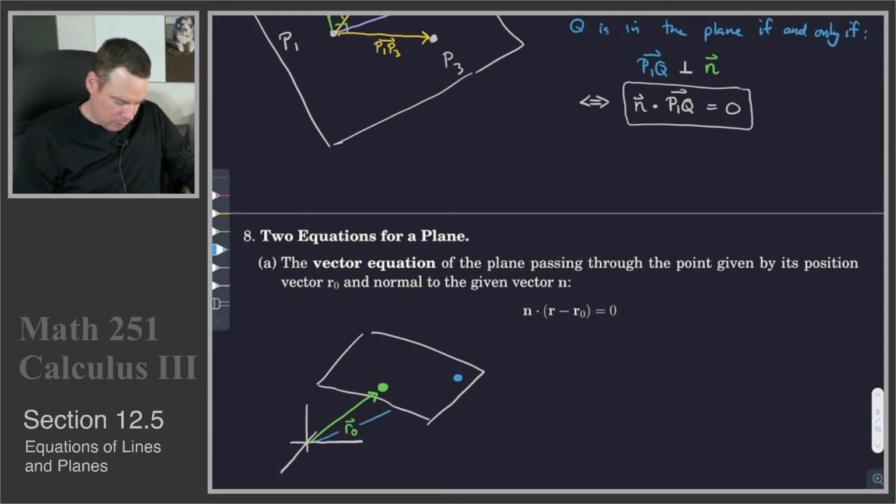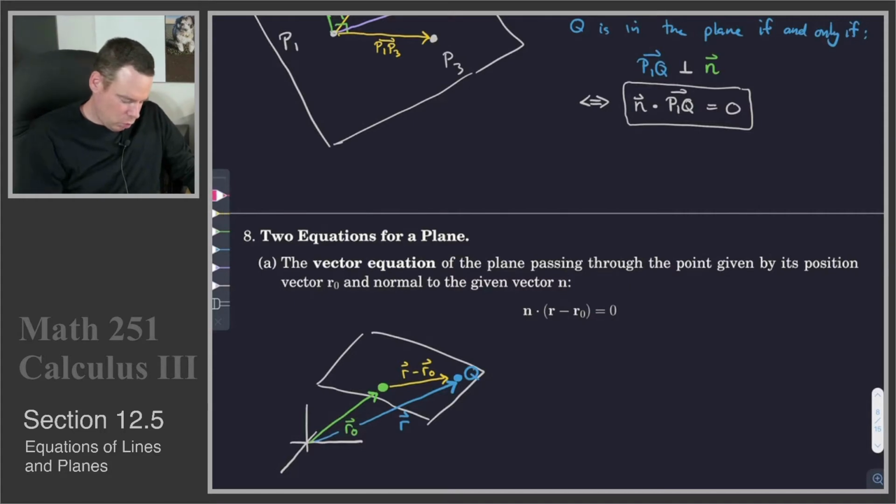So I'll go ahead and write down its position vector. That's what we're going to call r. So that's our arbitrary point Q. And now we've got the vector that goes from the point we know to the point we're trying to characterize as being in the plane. And that's given by r minus r0.